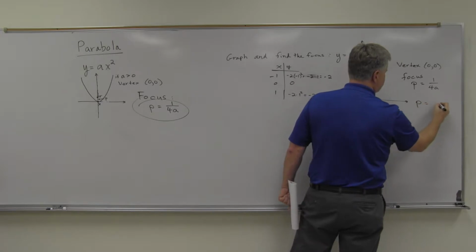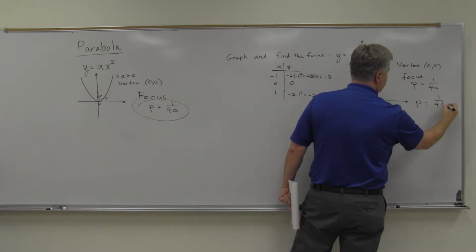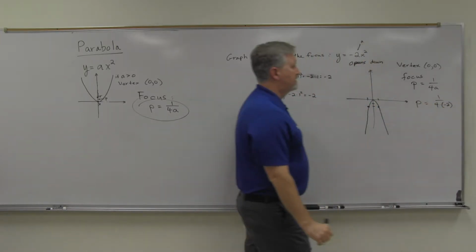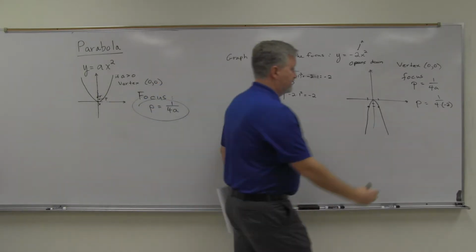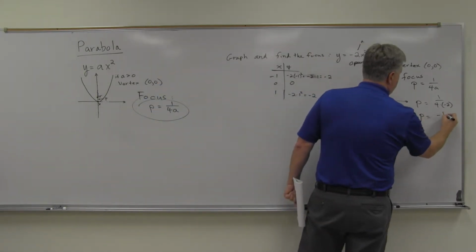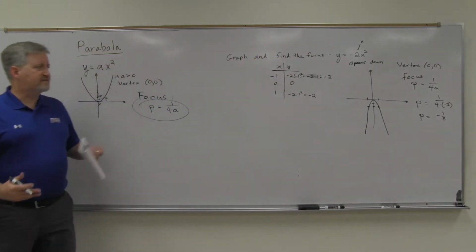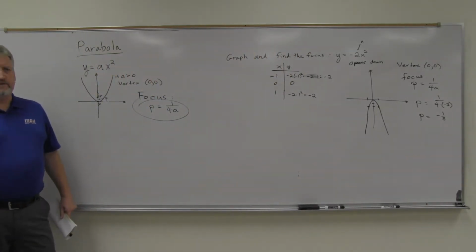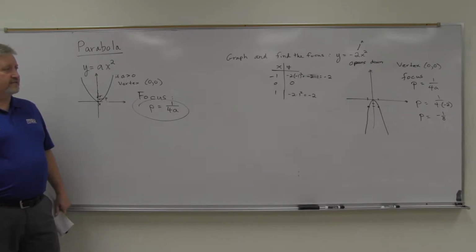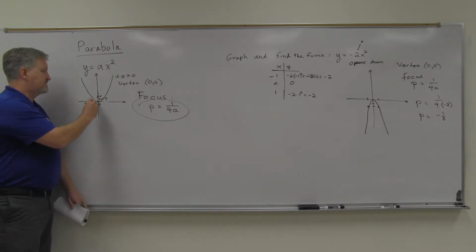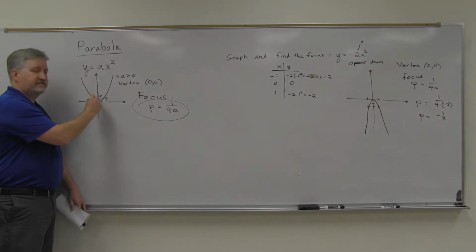So the p distance would be 1 over 4 times negative 2. So that's 1 over negative 8, it's negative 1/8. The negative just indicates that it's going to be down from the vertex. But p is the distance from the vertex to the focus.